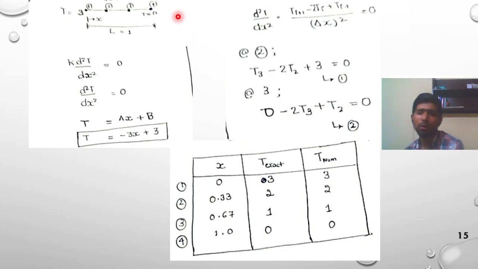There you would deviate from the exact solution, but there also the exact solution you could have calculated. For 1D heat conduction, you can calculate an analytical solution, whatever may be the case.